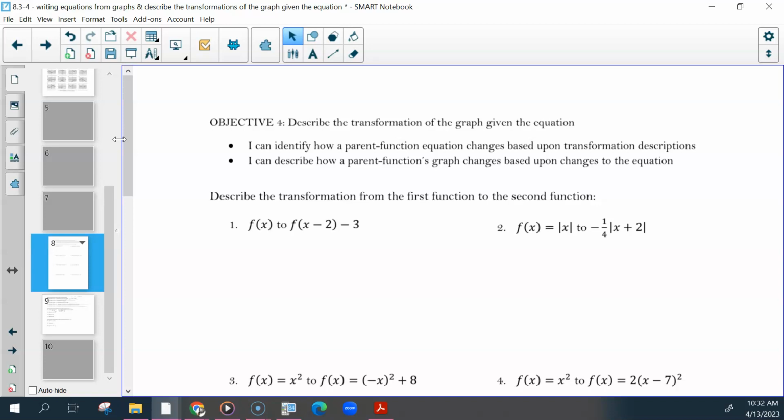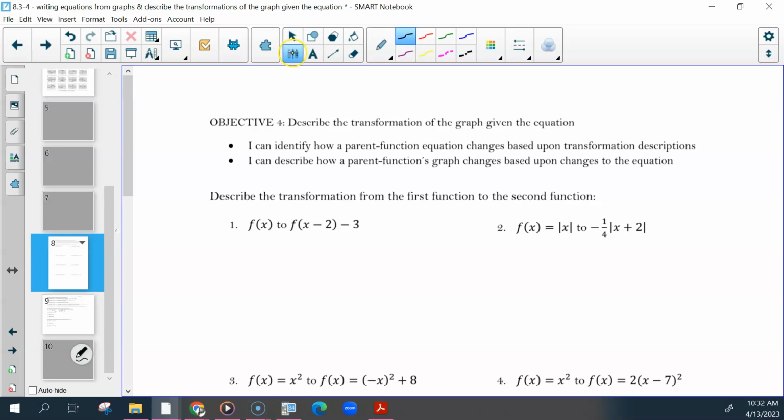We were given equations and had to write the transformations. We were given transformations and had to write the equations. We were given graphs and had to write the equations using transformations. And now we're given equations and have to write out what the transformations are. So if you know your transformations, you're going to be good on this.